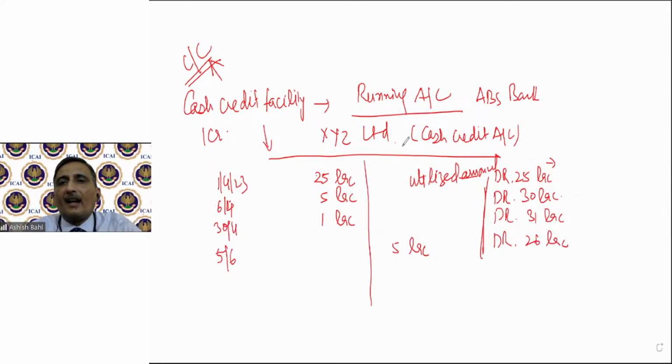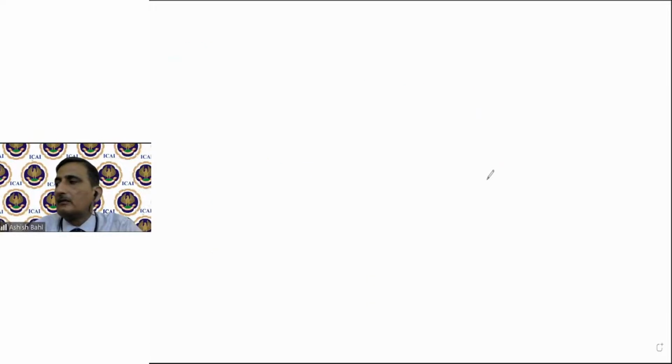So guys, we were at internal control over advances. We had discussed credit appraisal. Now after credit appraisal, what comes? What we had learned is that after credit appraisal comes sanction. Now what would the auditor see?